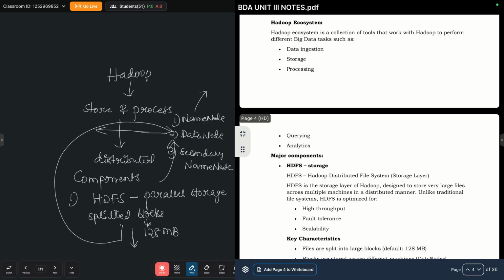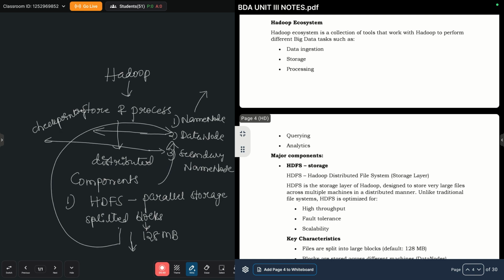What is the role of the third one, the secondary name node? It maintains the updates, which is nothing but checkpointing of data: what blocks are currently available, and where read and write operations happen. That information is maintained by the secondary name node.